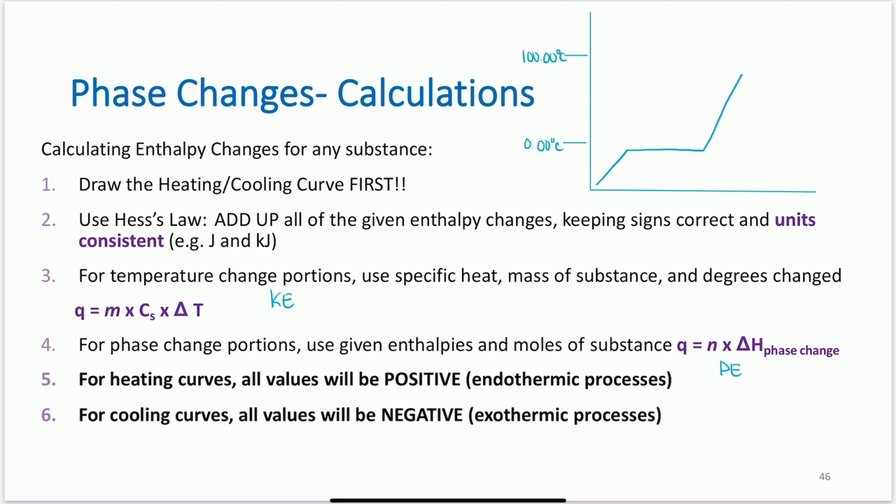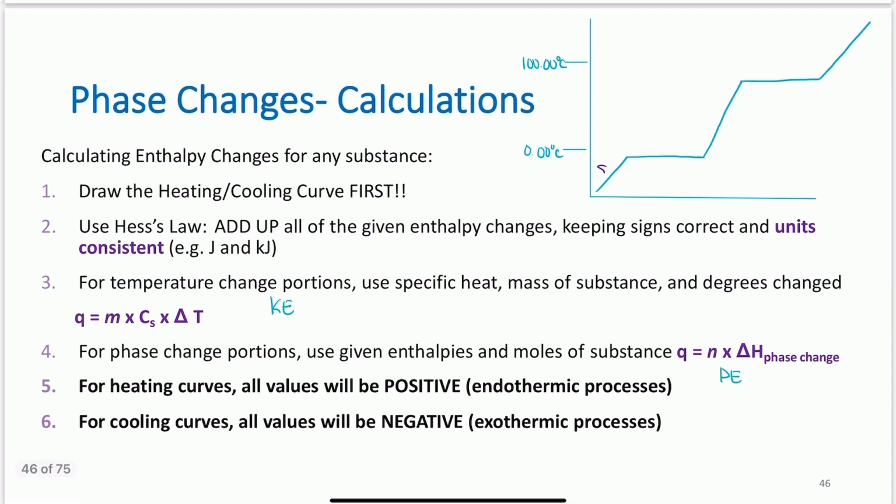We heat up to 100 degrees. We have another phase change, and then we can keep heating. This is a solid phase here, liquid phase, and a gas phase. This is my liquid to gas transition, so delta H vaporization. This is my solid to liquid, so delta H fusion.